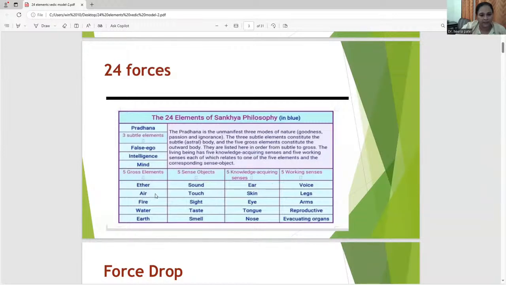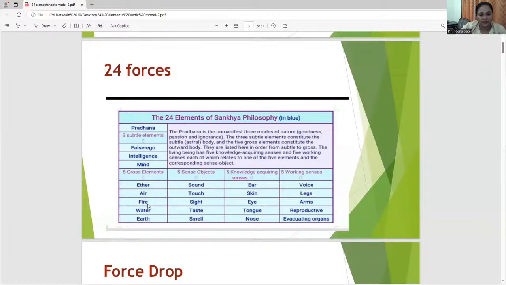Air element: its sense is touch, the knowledge organ is the skin, and the working organ is the legs. So every element has a sense object, a knowledge organ, and a working organ.